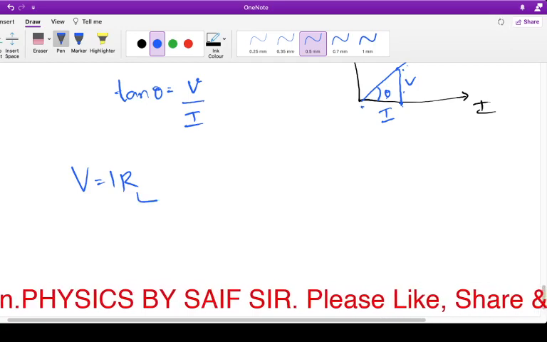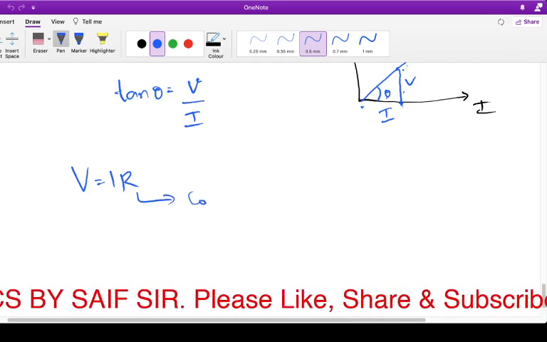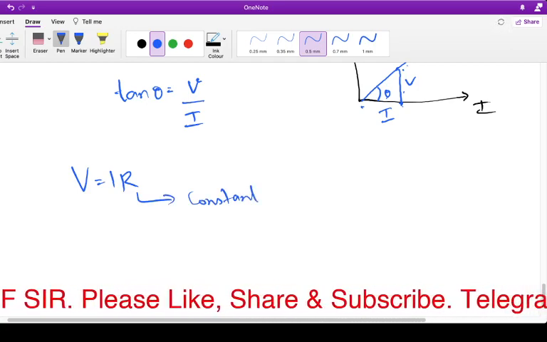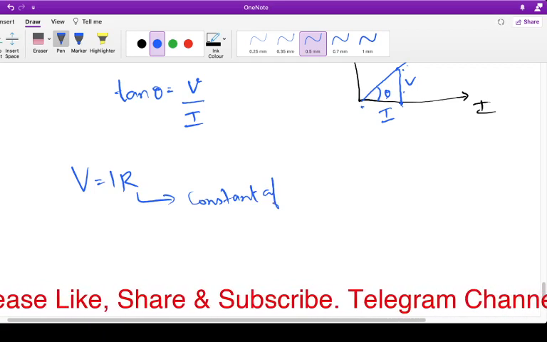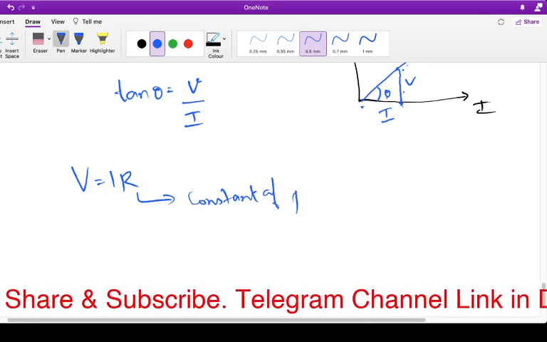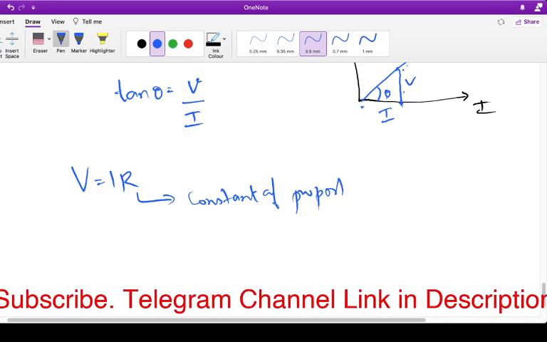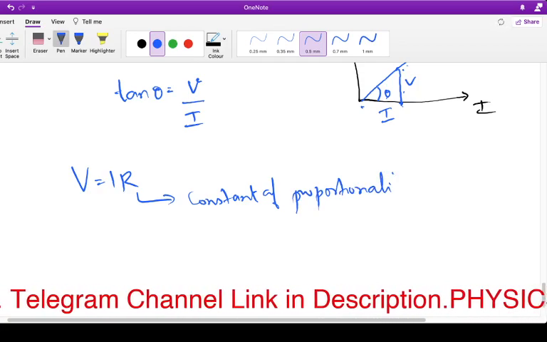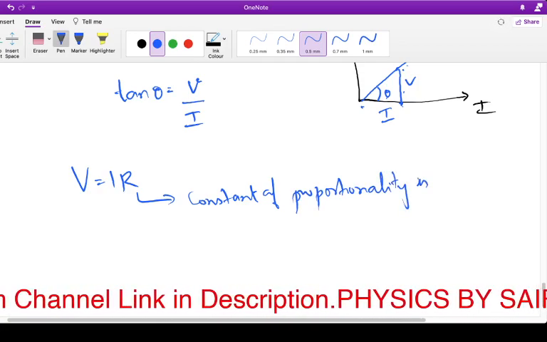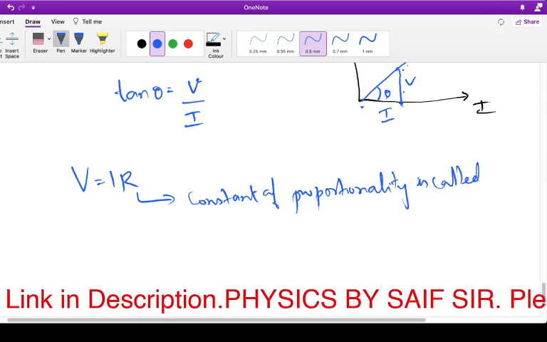So this R is the constant of proportionality. Whatever proportionality you are getting is called resistance.